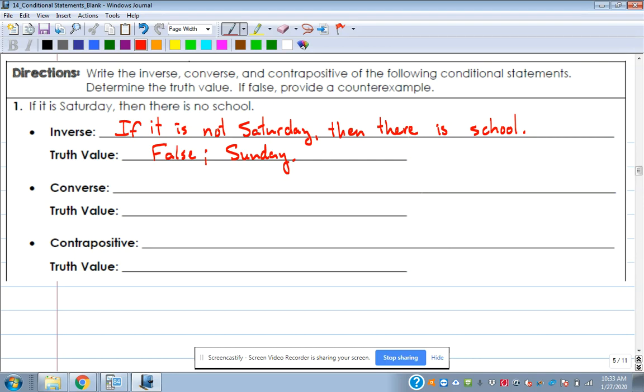The next one, the converse of that. What's the converse do? It switches the hypothesis and the conclusion. So your new if-then will be, if there is no school, then it is Saturday.